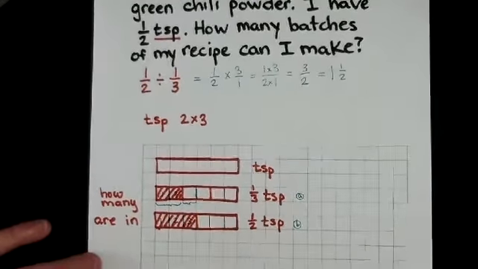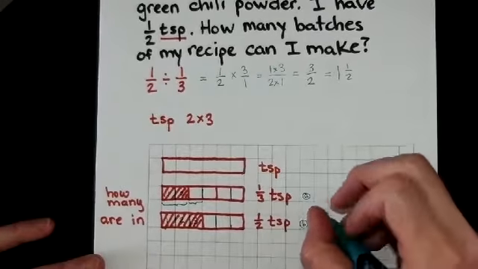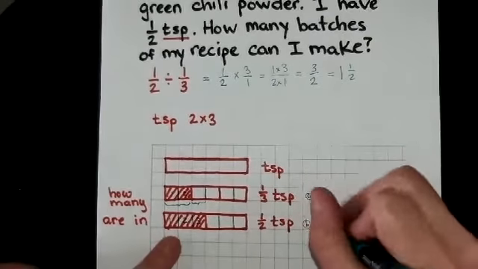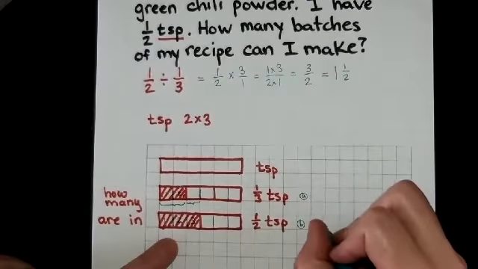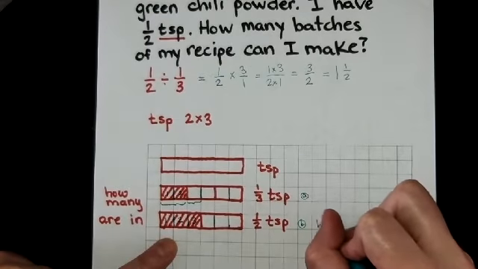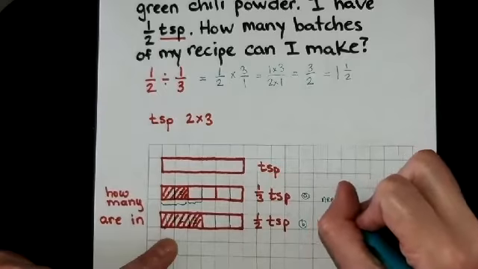Another way to look at this is to say that in image B, this is what we have, and in image A, this is what we need.